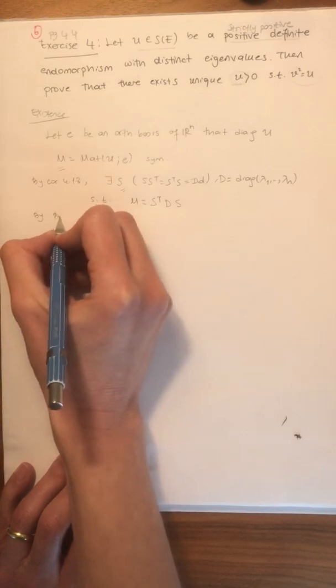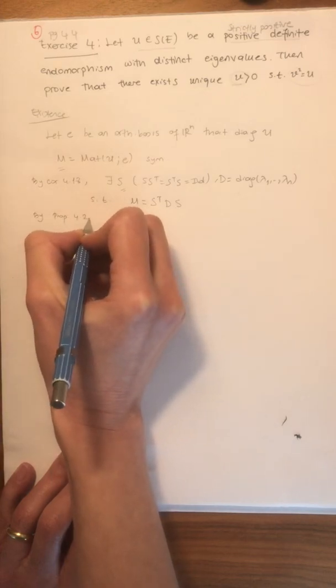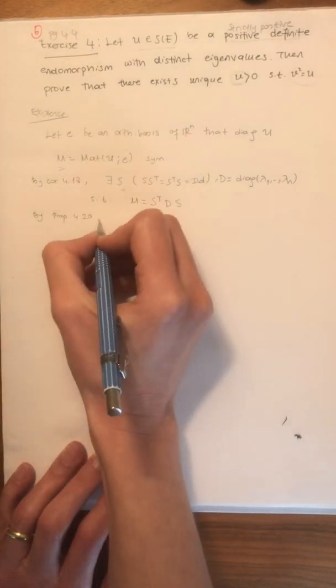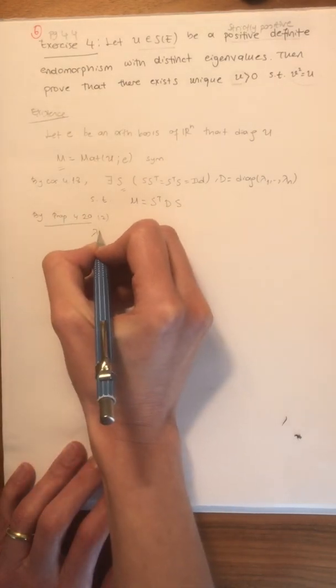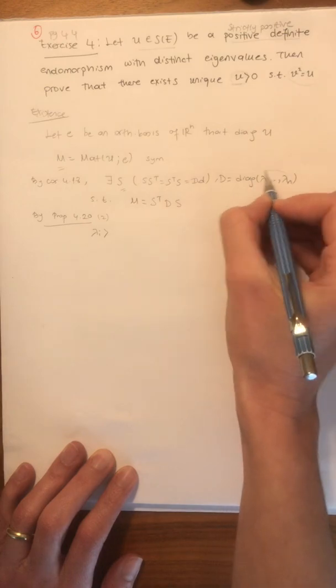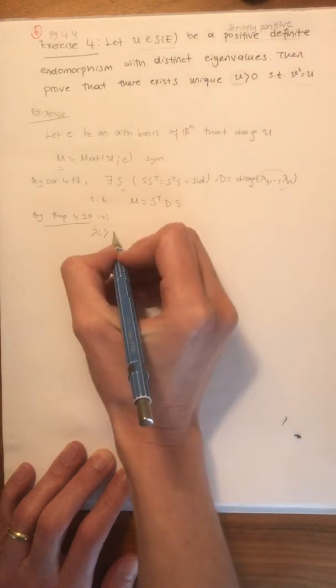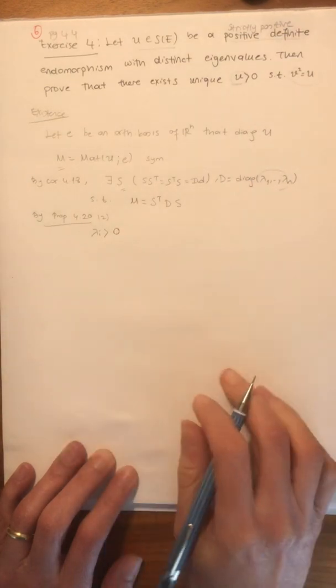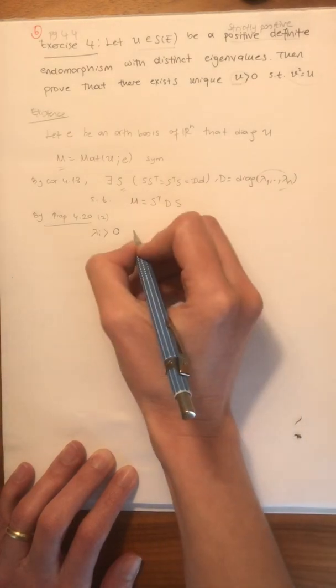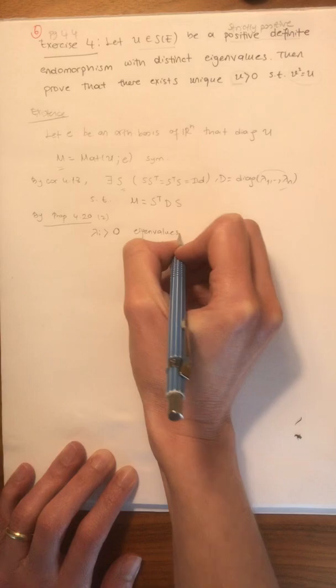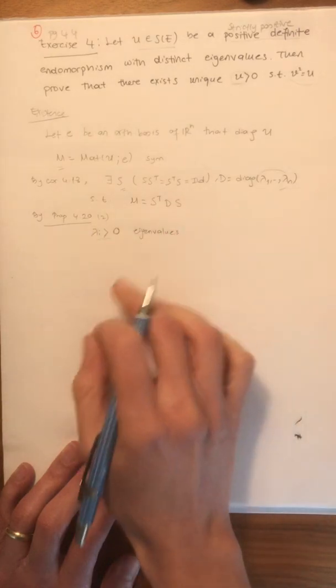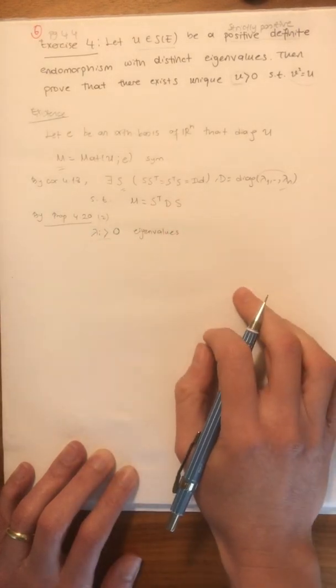And by Proposition 4.20, part 2, we know that these diagonal entries are the eigenvalues and they are strictly bigger than 0. This is also an easy fact to prove.